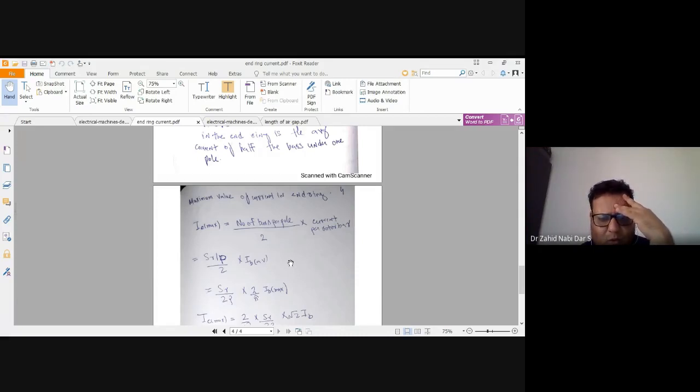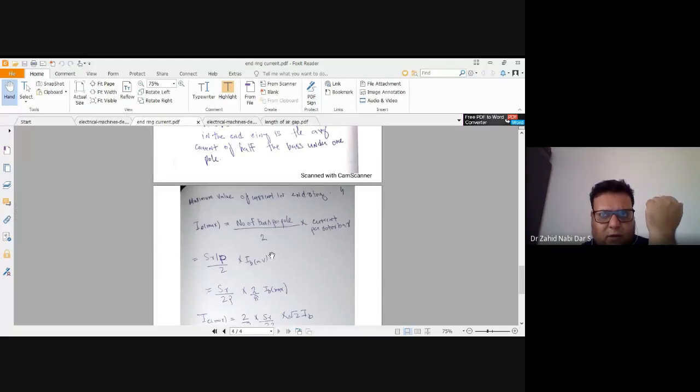Okay, so you know the relationship between average current and maximum current. You can establish I max is equal to I average divided by 2 pi. That is from basic electrical, when you have studied the different relations between your average current and maximum current.